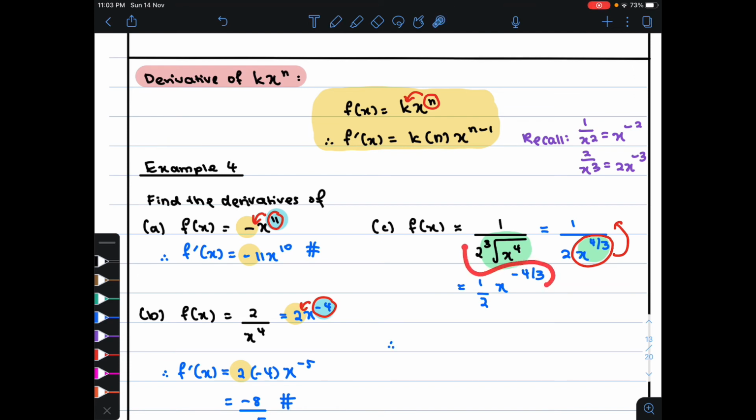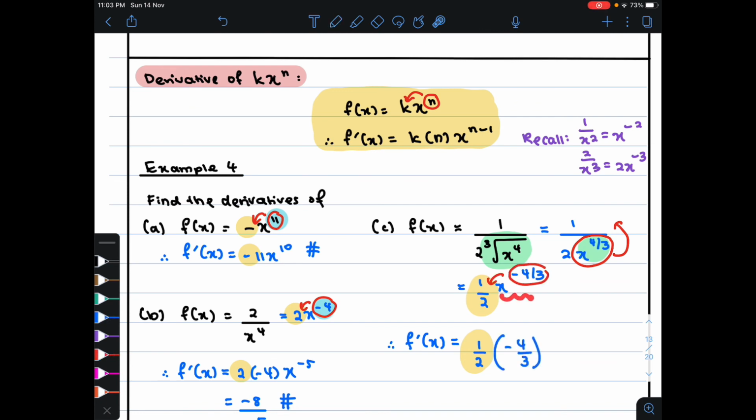We actually want to differentiate this function. Now let's differentiate 1 over 2x to the power of negative 4 over 3. The coefficient is 1 over 2, so it stays the same. Next, we have x to the power of negative 4 over 3. So bring the power to the front.